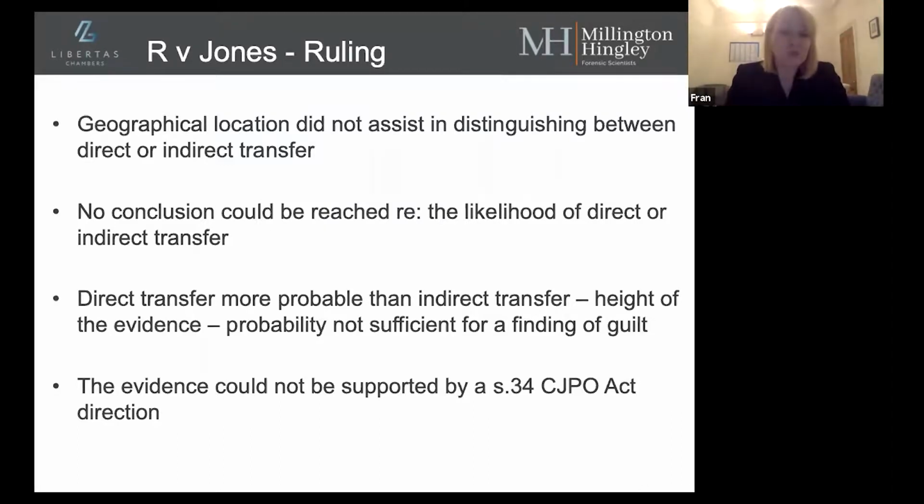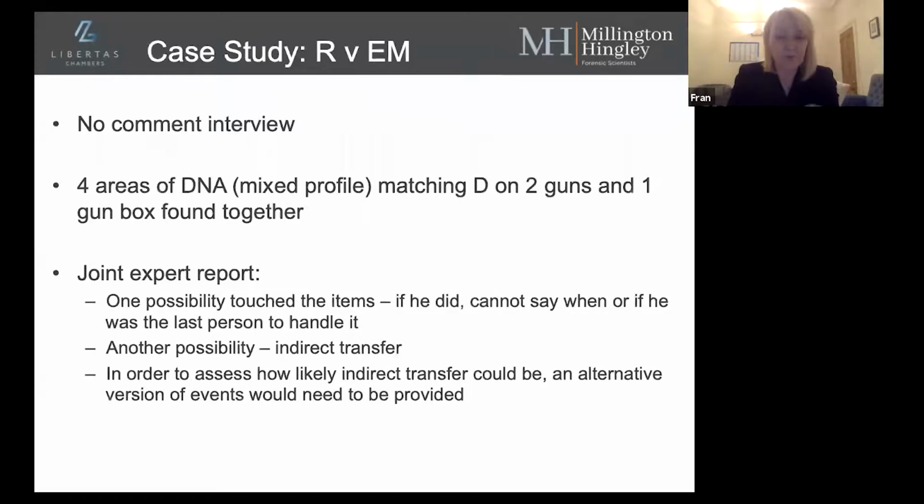So I just want to move on before we start to wrap up, in relation to a case study, when thinking about trial preparation. This is a case that I was involved in quite recently, about 4 or 5 weeks ago, following the decision in Jones, where again, the defendant gave a no comment interview.